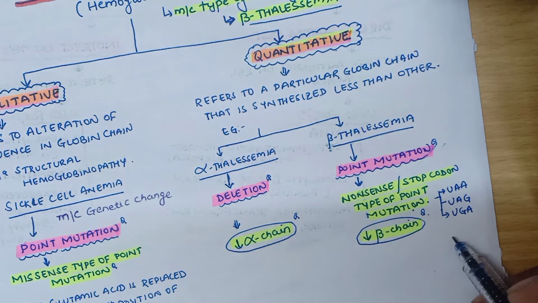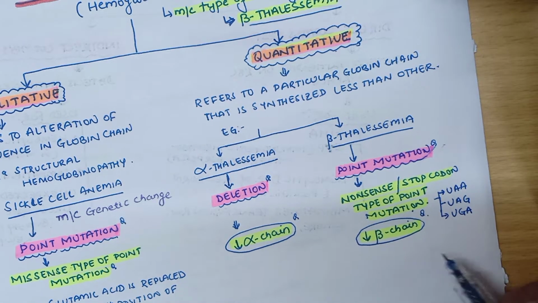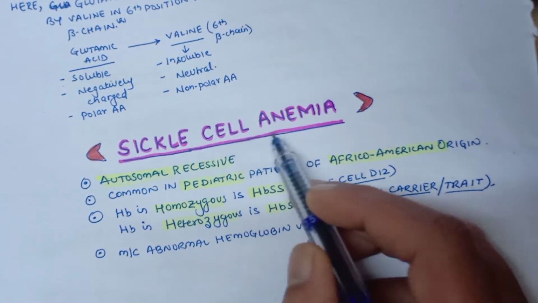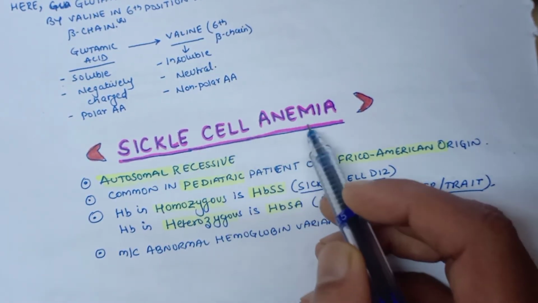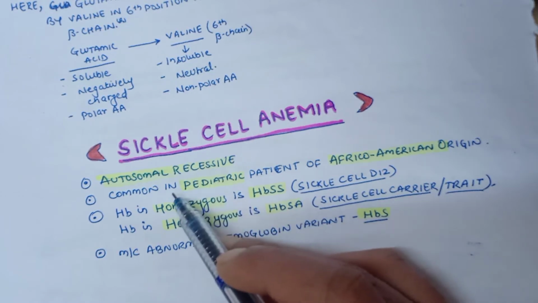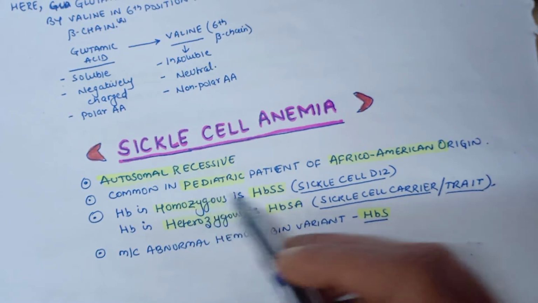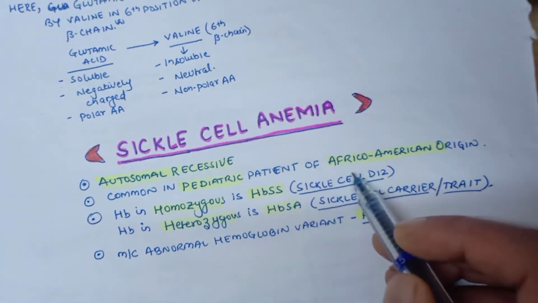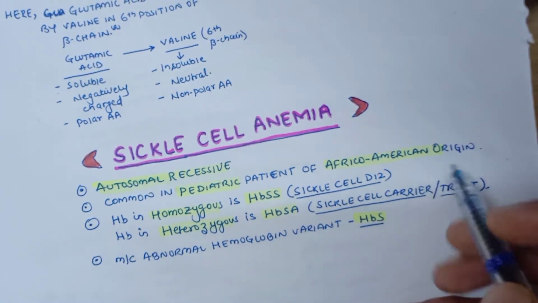Now we'll talk about sickle cell anemia in detail. Sickle cell anemia is an autosomal recessive disorder, and it is more commonly seen in pediatric patients of Africo-American origin.